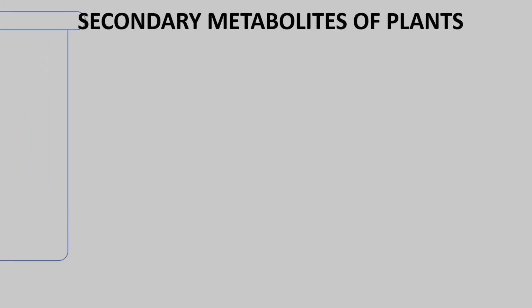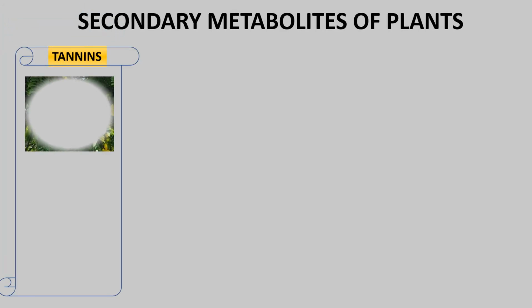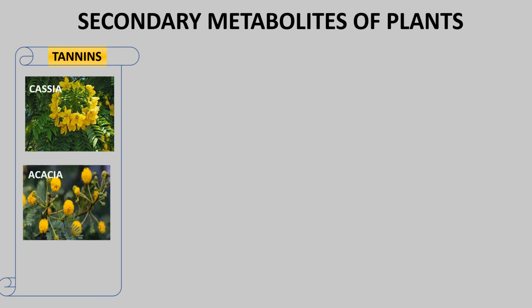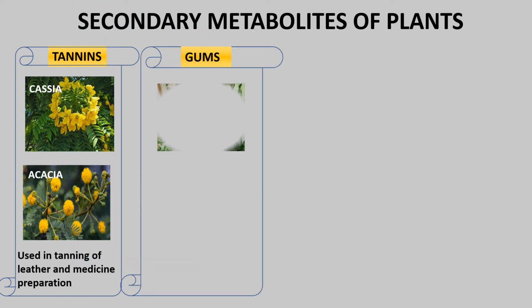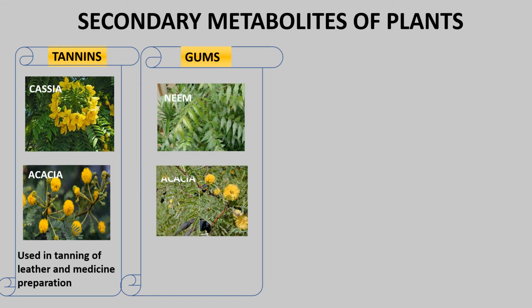Other secondary metabolites of plants. Tannins. We get tannins from cassia and acacia, used in tanning of leather and medicine preparation. Gums. We get gums from neem and acacia.